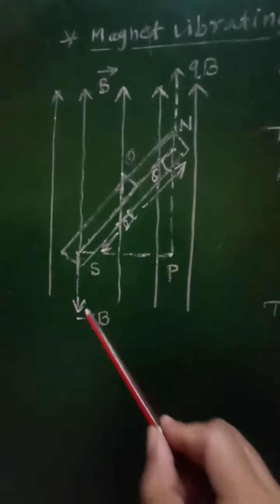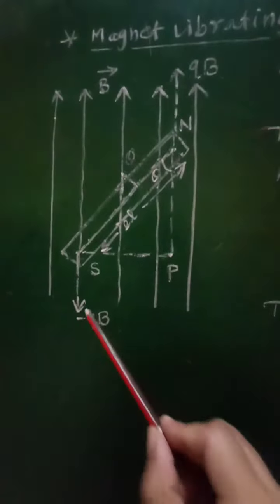One force originates from the N pole and the second from the S pole, and therefore the distance SP represents the perpendicular distance between these two forces.